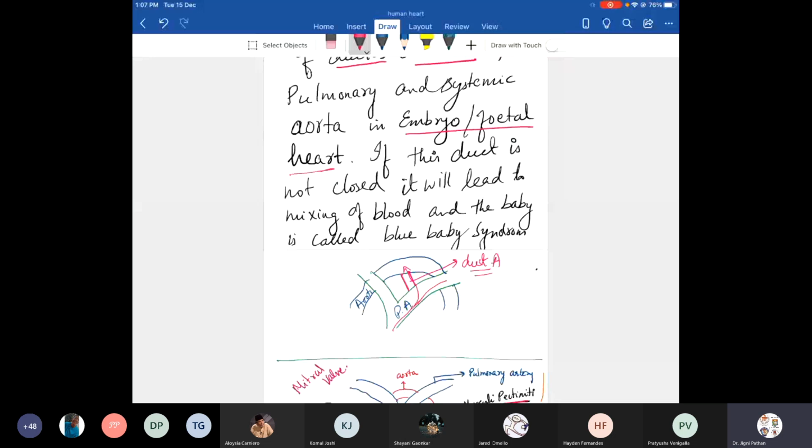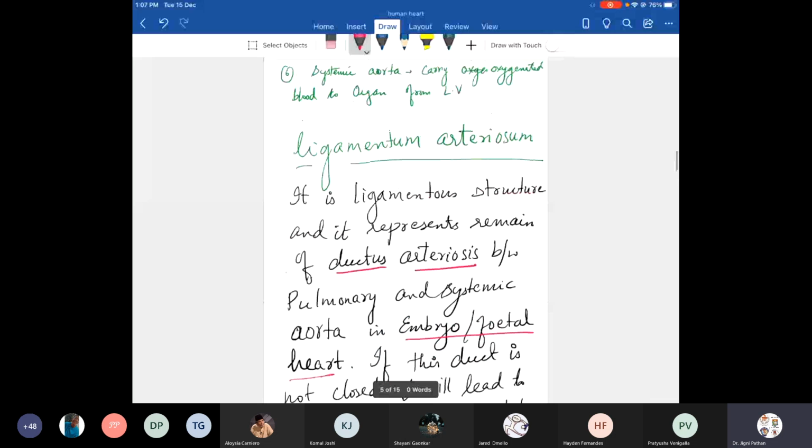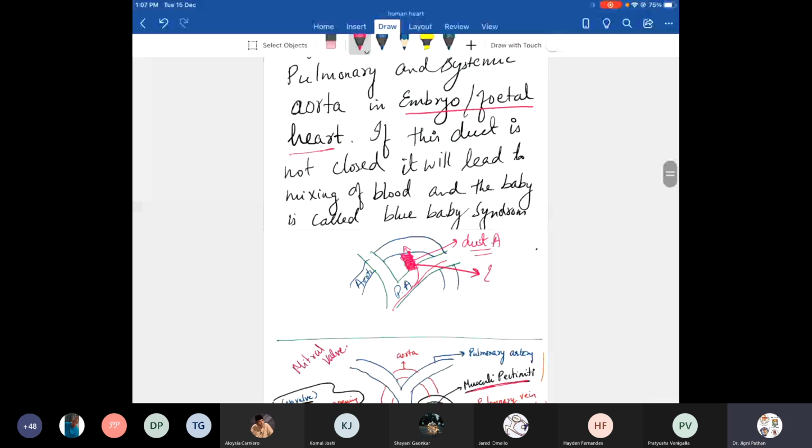Later, as the embryo develops into a fetus and the baby is born, this duct gets closed. When this duct is closed, it is called ligamentum arteriosum. The same duct, when closed, is called ligamentum arteriosum.